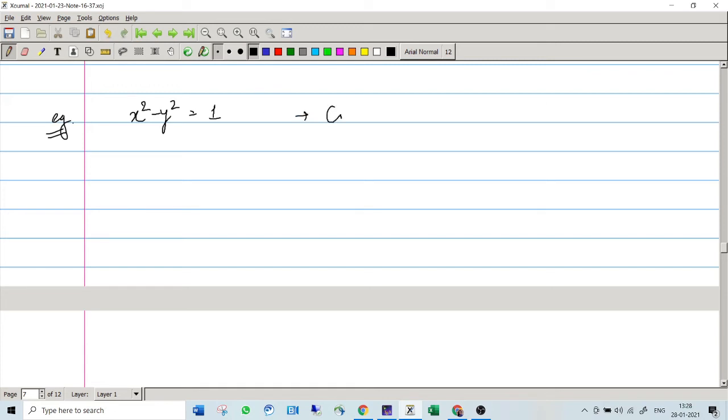So given this equation in terms of Cartesian coordinates, you would like to find the equivalent equation in terms of polar coordinates. That's simple. You know how x and y are related to r and theta. You can just substitute and solve to get your equation. Now let us see how.